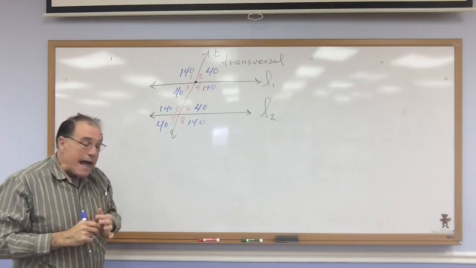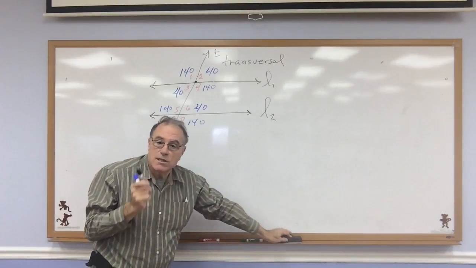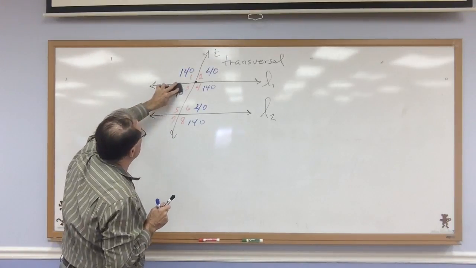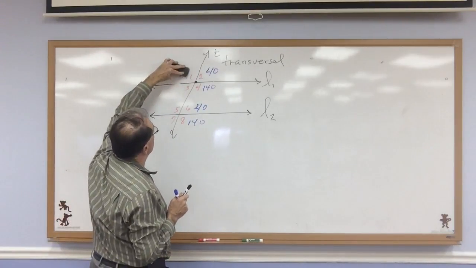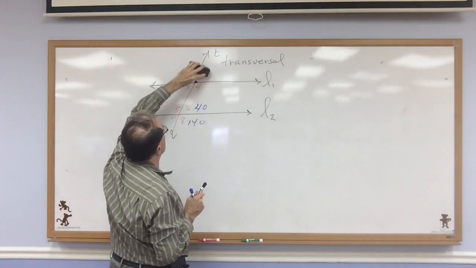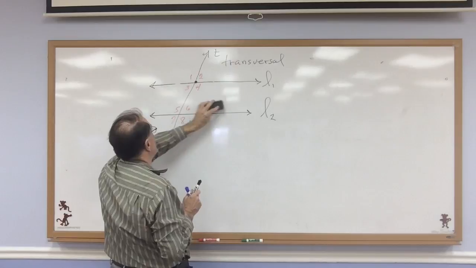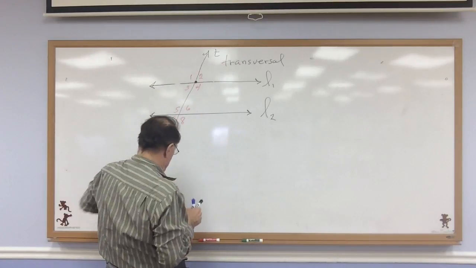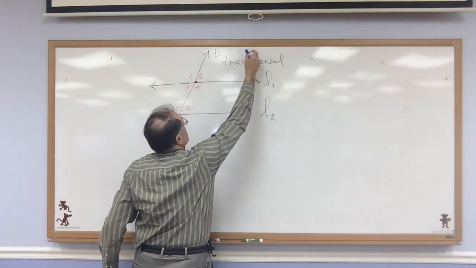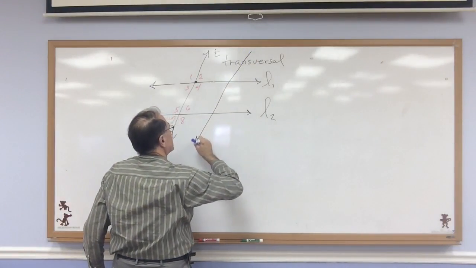Now, let's change it up. Let's notch it up a little bit and add a second transversal. One way we could do that, let's just put in a second transversal right here.